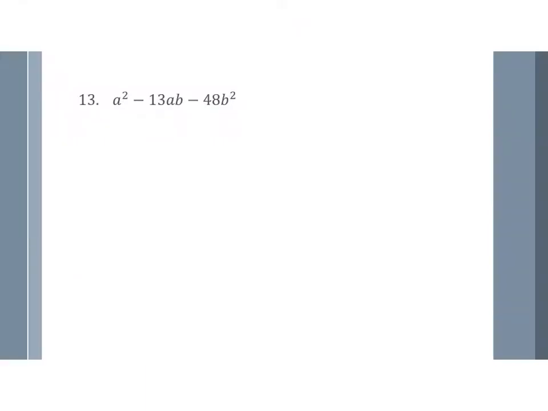Let's try another, and I think this is the last one. So again, same kind of scenario. We could factor this first as a squared minus 13a minus 48, if that's easier for you. So then again, we were looking for the factors of 48. And again, signs are going to be different.